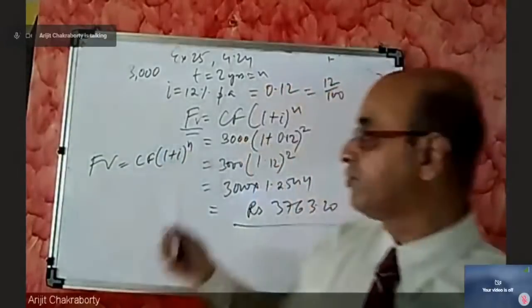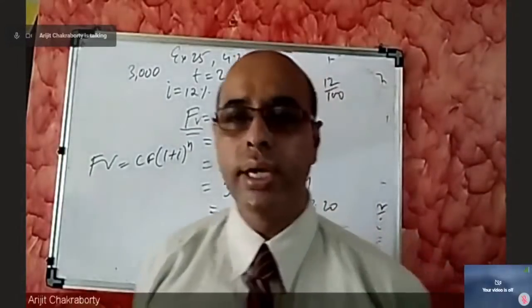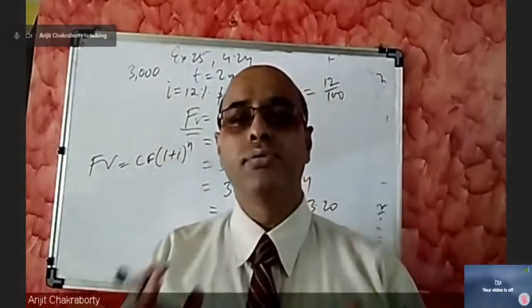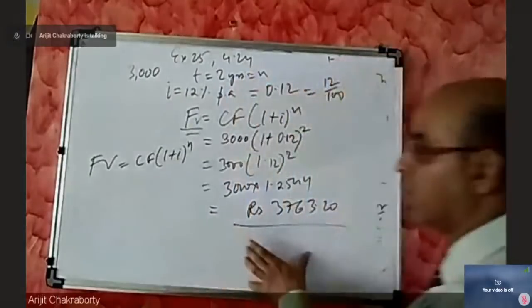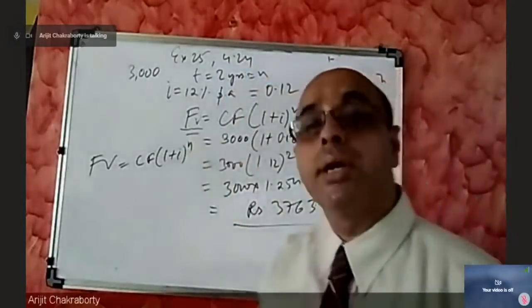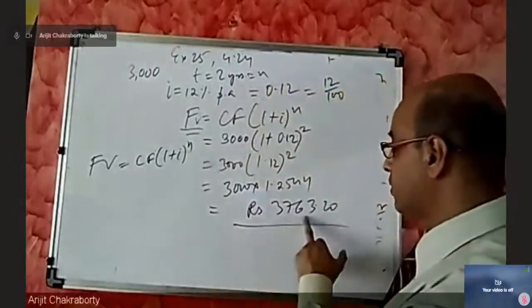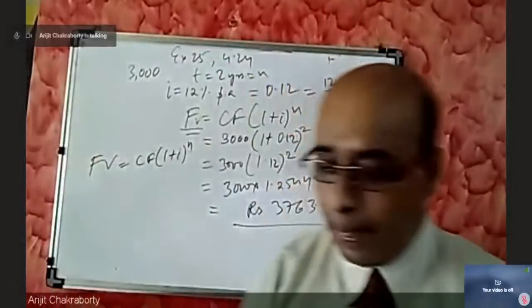We know I is 12% and n is 2 years, and by substituting the values of I, n and cash flow, we have been able to arrive at the answer 3763.20.